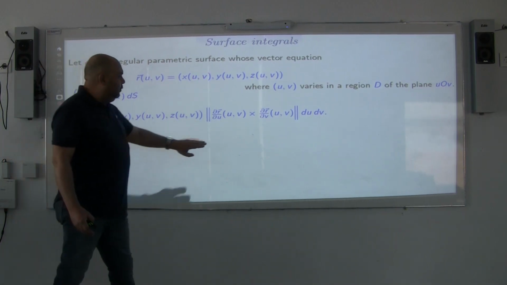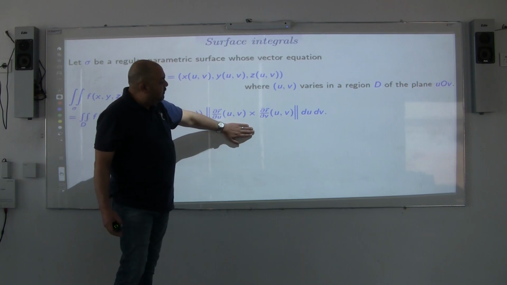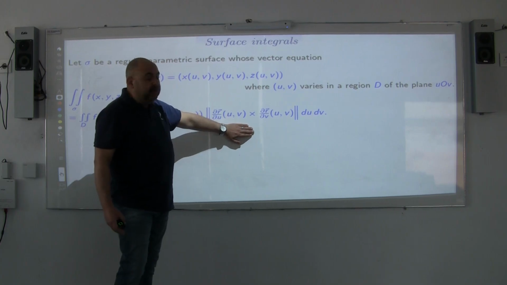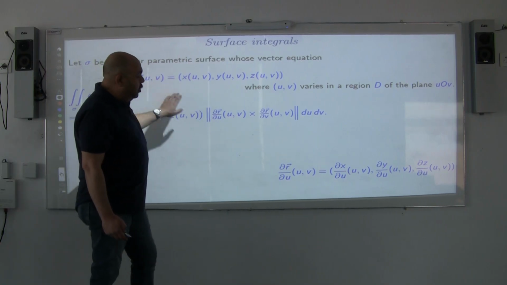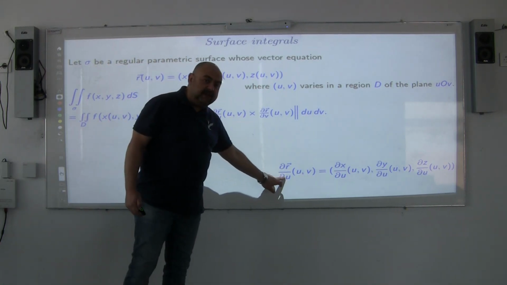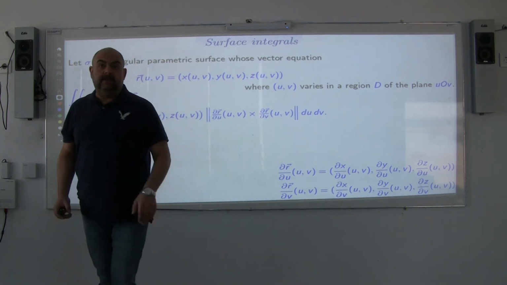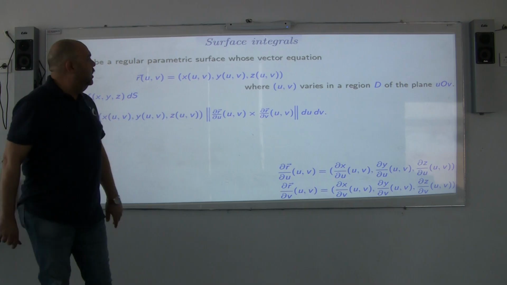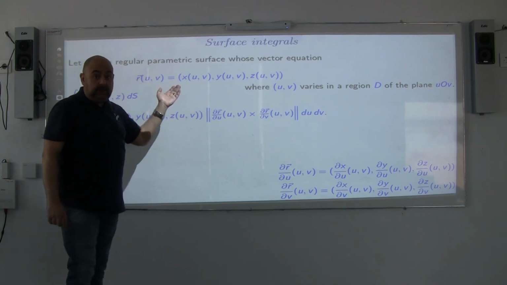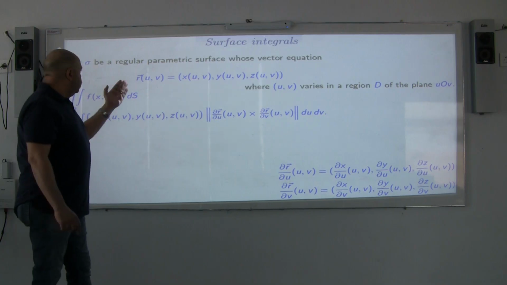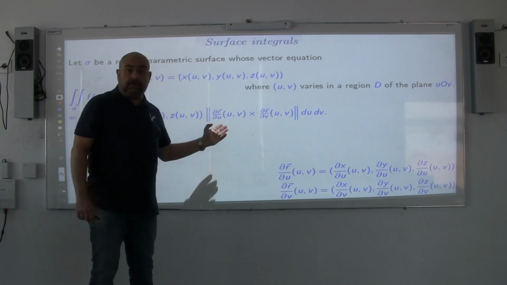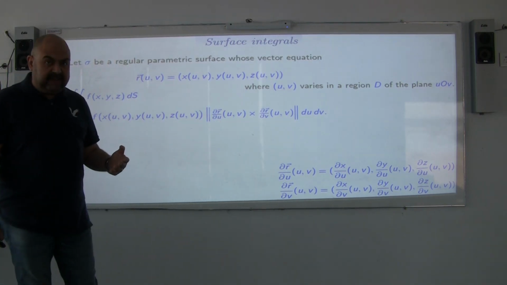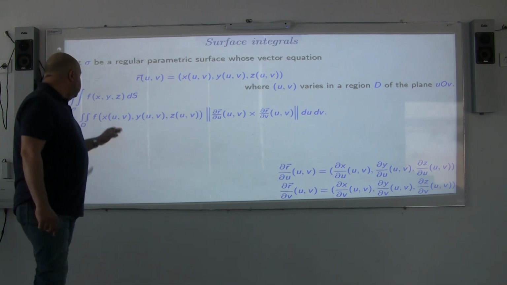Then I will multiply it by the magnitude of the vector that I will have from the cross multiplication of the derivative of the vector equation with respect to the first parameterized variable and the second parameterized variable. All I have to do simply is to find r, which is the vector equation of your surface, then start differentiating r with respect to u, with respect to v, make this cross multiplication, and then you will have your vector, then start getting its magnitude multiplying by f.